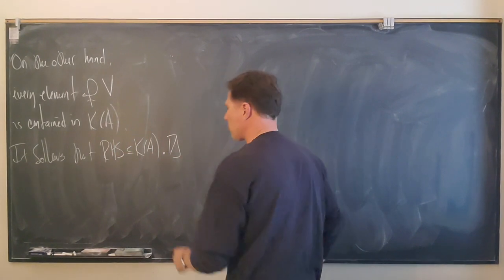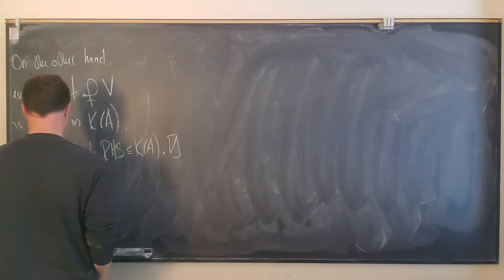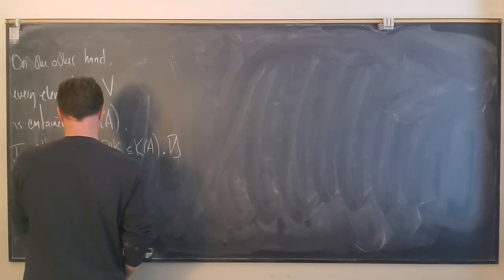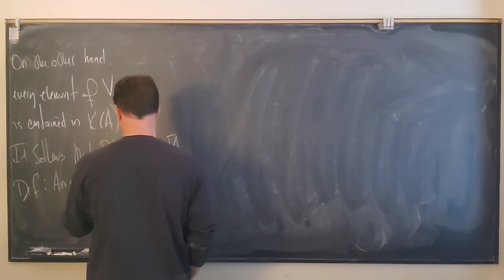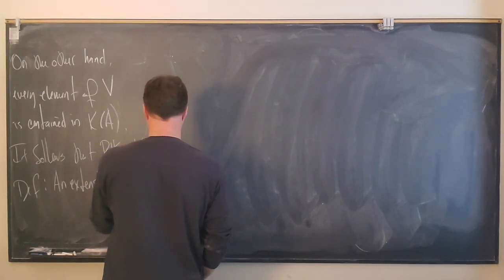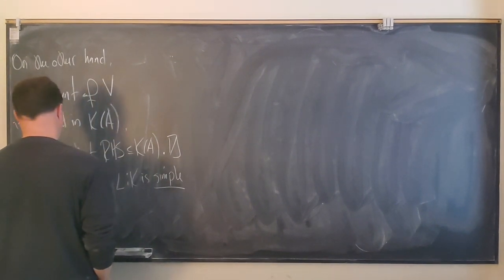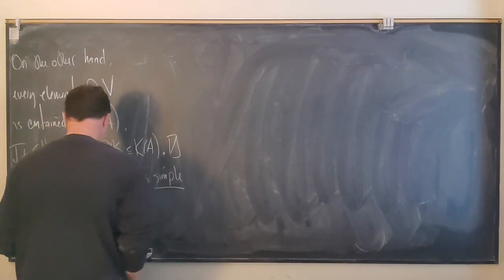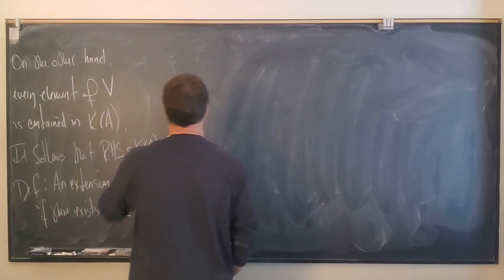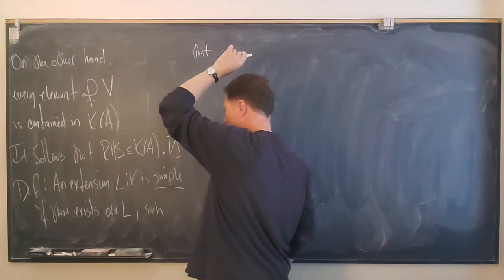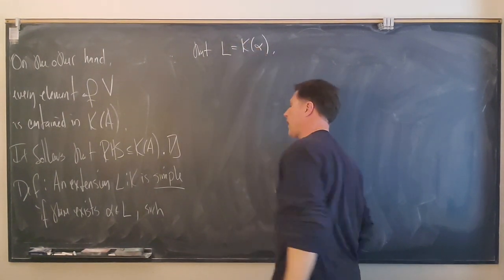Now, here's a definition. An extension L over K is simple if there exists a single element alpha in L such that L is equal to K adjoin alpha.